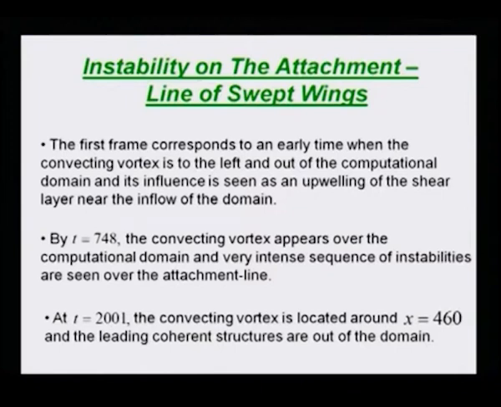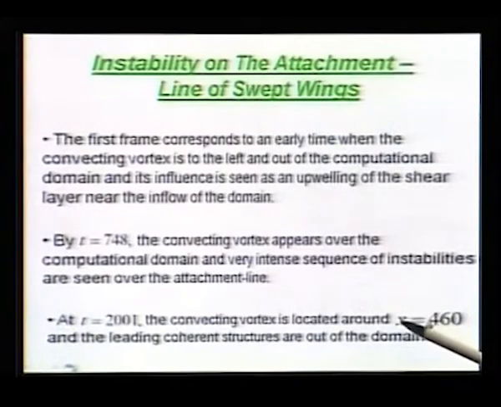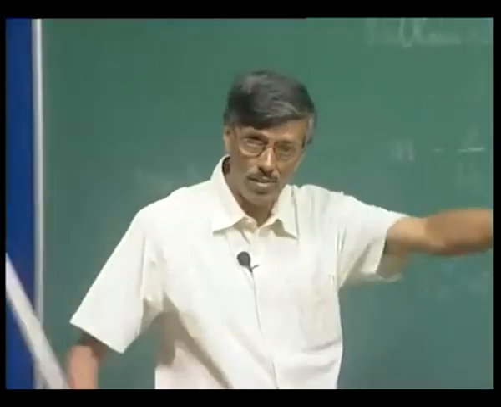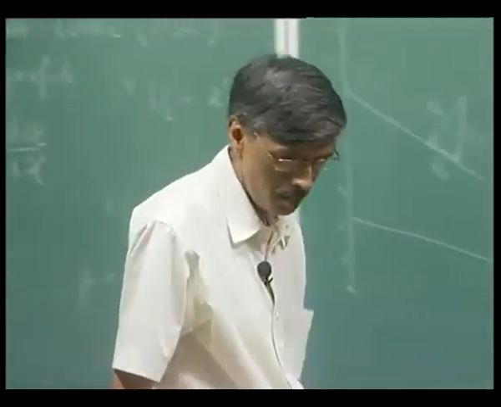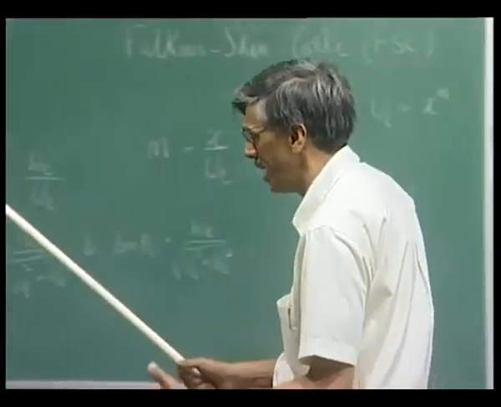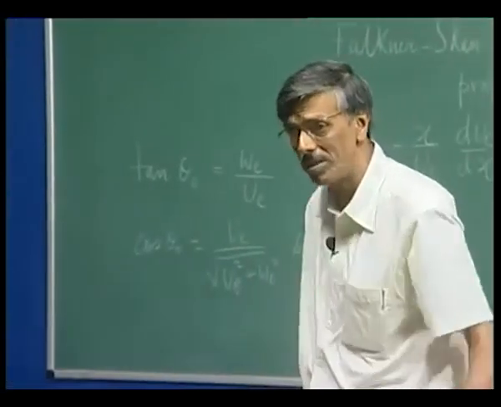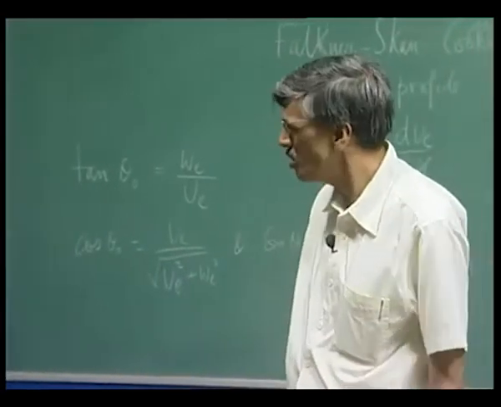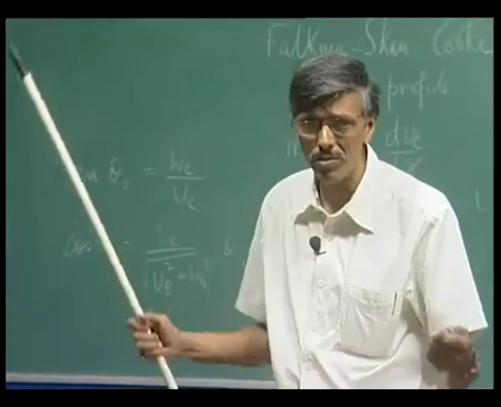And if you look at the last one, this is where the location of the vortex was. However, the leading edge of the coherent structures, those are getting created due to this vortex instability, they are out of the computational domain. So, you can see that it also goes at a very fast clip.